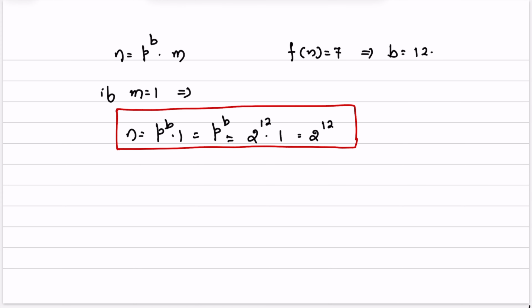If the number of perfect square divisors of a given number is equal to 7, it should be converted into a form where n is equal to p to the power of b into some m value, and if Fn is equal to 7, b should be either 12 or 13.